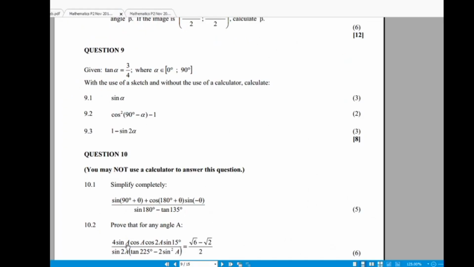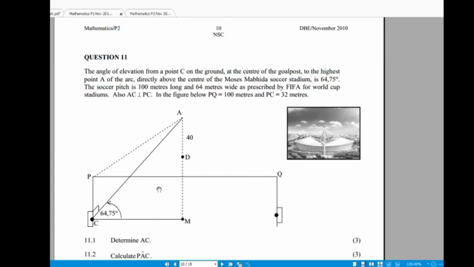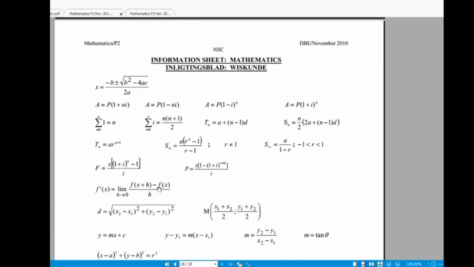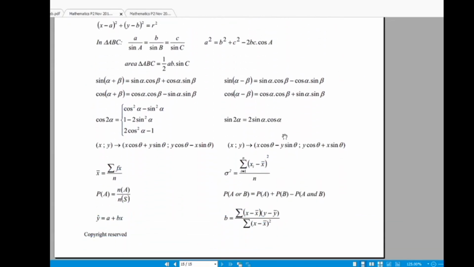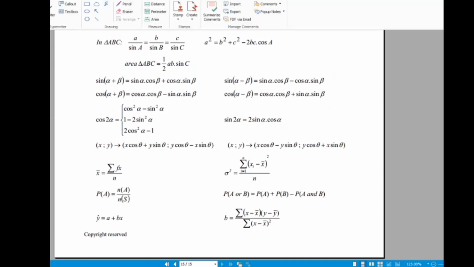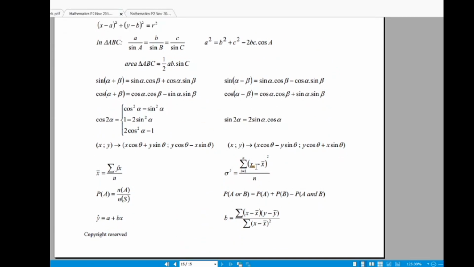Now we have a formula sheet, you will see that sine 2a is equal to 2 sine alpha times cos alpha.